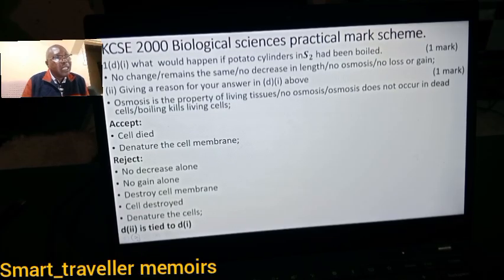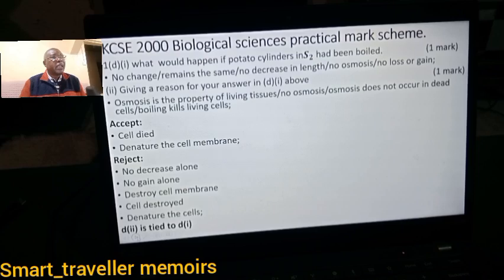Destroy cell membrane. It is destroy semi-permeable cell membrane. Cell destroyed. No. Cell killed. Denature the cells. No. Denature the semi-permeable cell membrane. D2 is tied to D1.